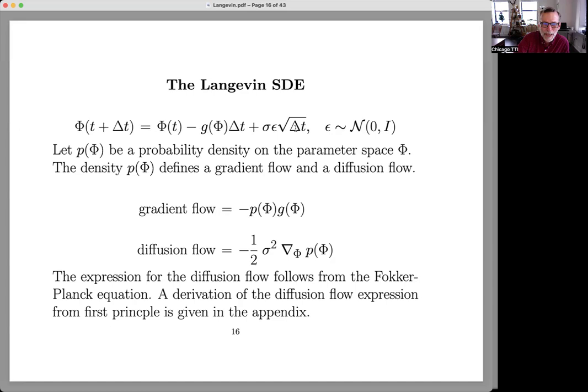Now, this differential equation, if we assume a probability density on model parameters, so at each point in model space, there's a probability density. Now this is related to Brownian motion. Think of this as perfume diffusing through a room, right?